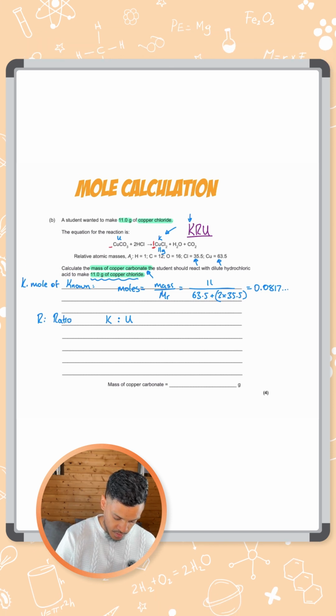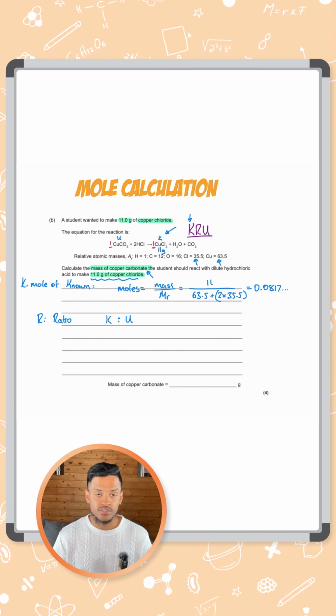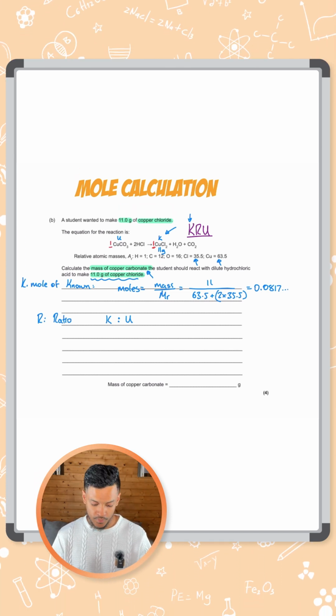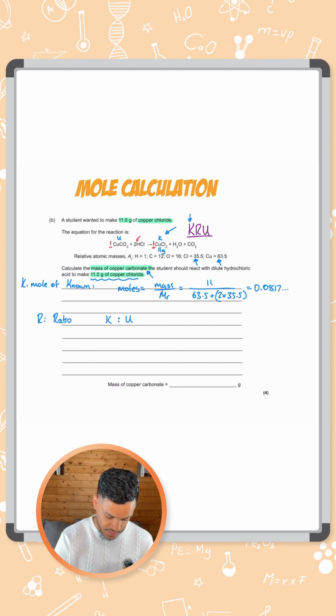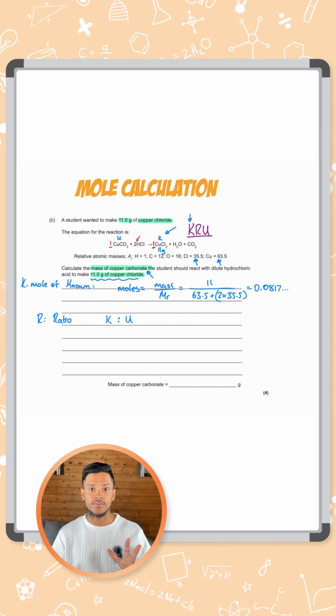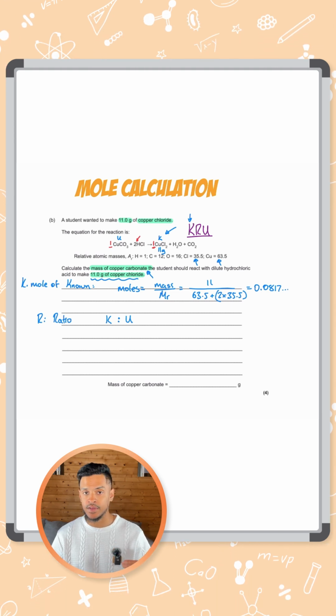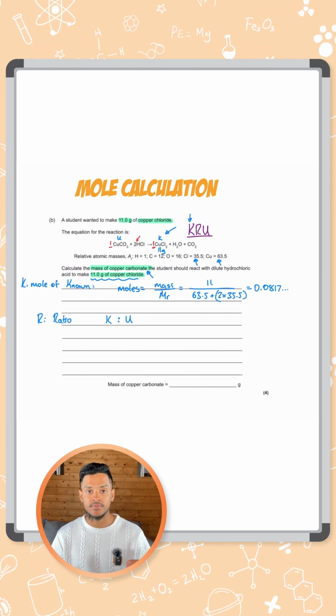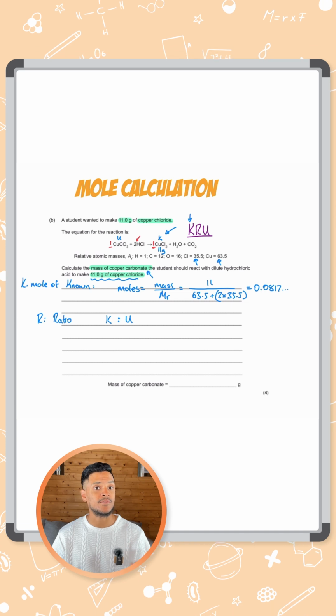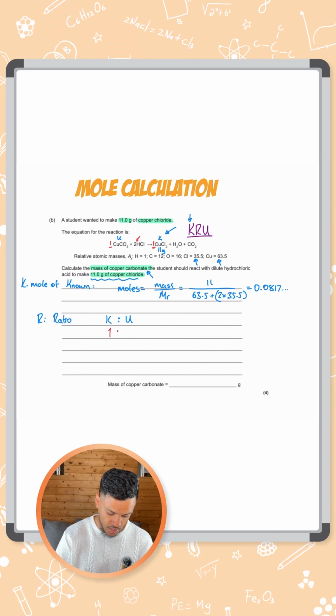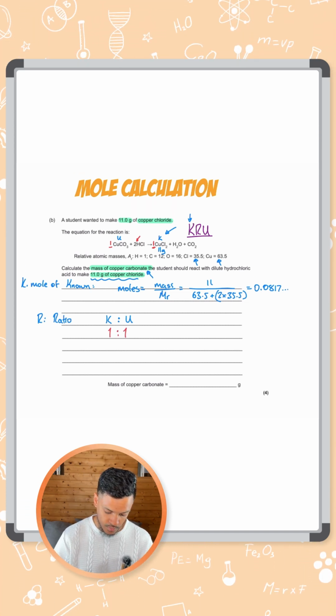Same with copper carbonate. It doesn't have a number in front. So that's also a number of 1. It's not like hydrochloric acid, which has a 2 in there. That would have a ratio of 2. But the copper chloride and the copper carbonate both don't have a number in front, so we just write a 1 in front of them, which tells us it's a ratio of 1 to 1. So our known to our unknown is a ratio of 1 to 1.